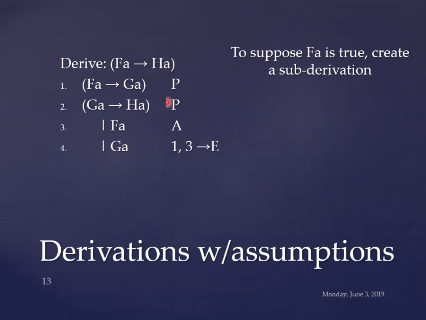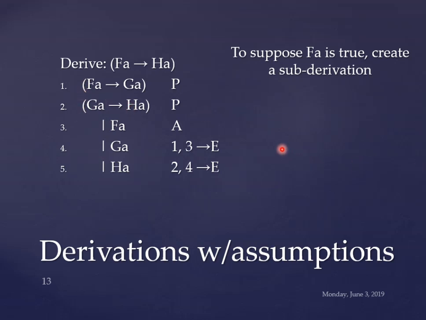That's line 1 and line 3, arrow elimination. Now that I got GA, I'm going to do the same thing. I'm going to reach up here, make use of line 2, and derive HA. Now I am within the scope of this subderivation. I haven't stopped this yet. I'm still doing a derivation inside of a larger derivation.